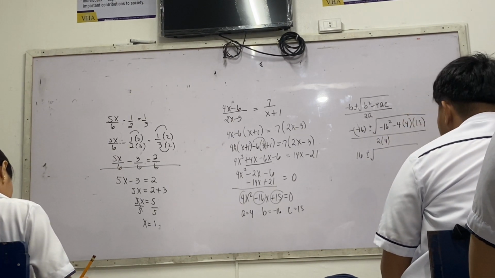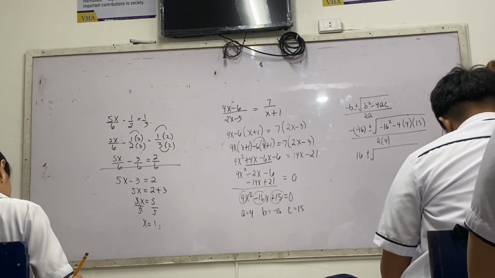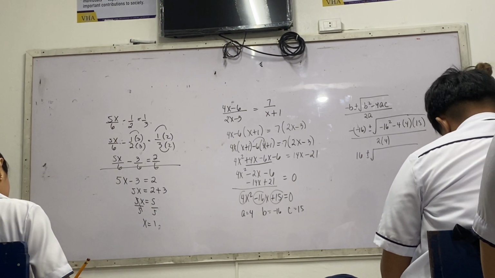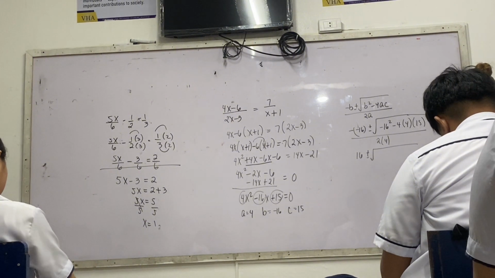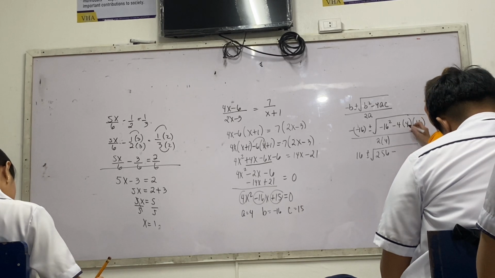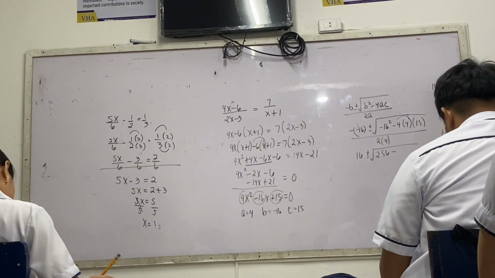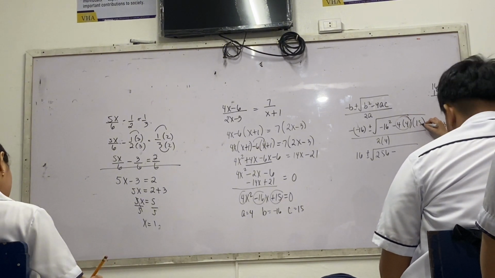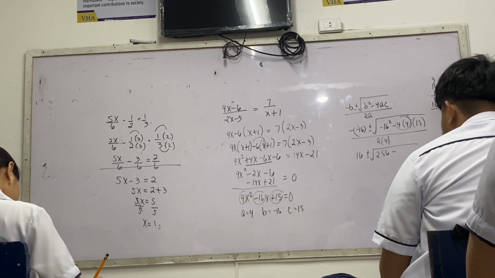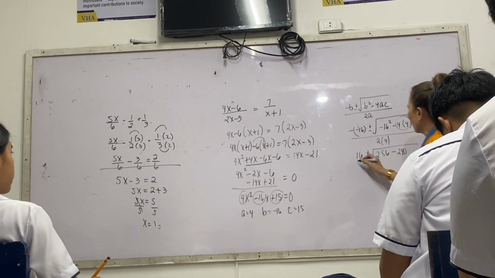So we have 16 times 16, which is 256. So we have 256 minus 4 times 4 is 16, 16 times 15 is 240. So 240 over 8.